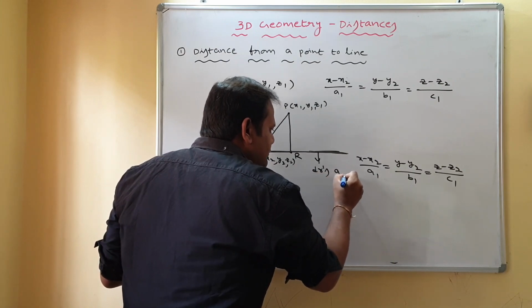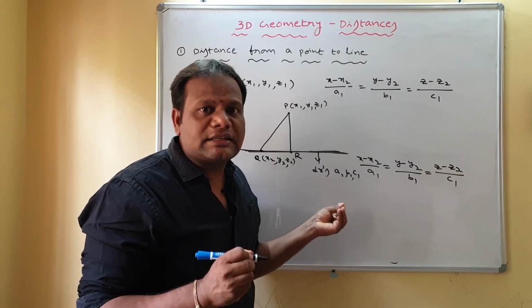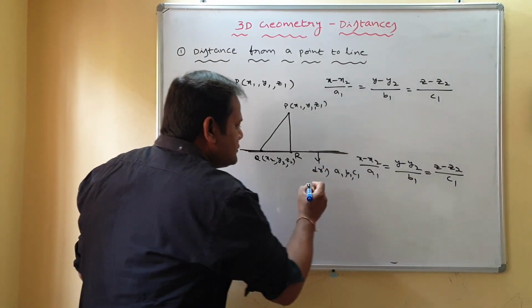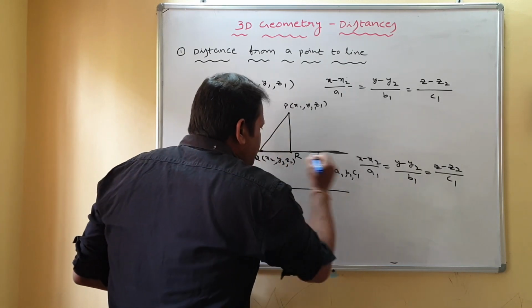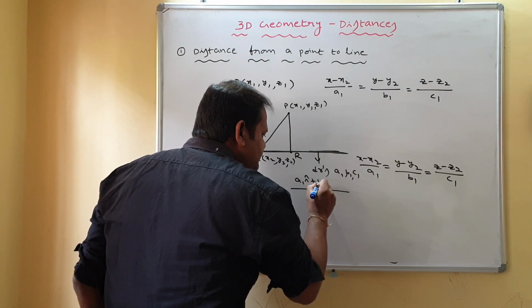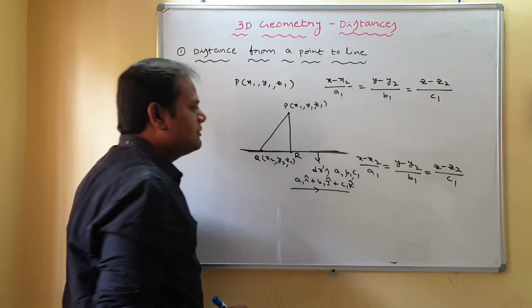A1, B1, C1. And we know DRs always represent a vector along the line. So the vector parallel to this line is A1 i cap, B1 j cap and C1 k cap.